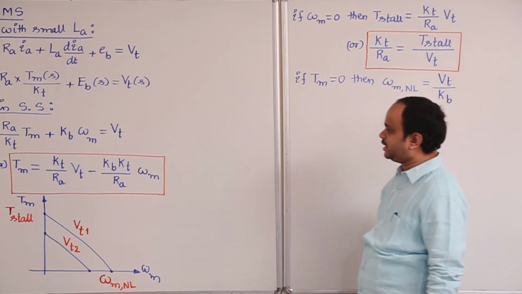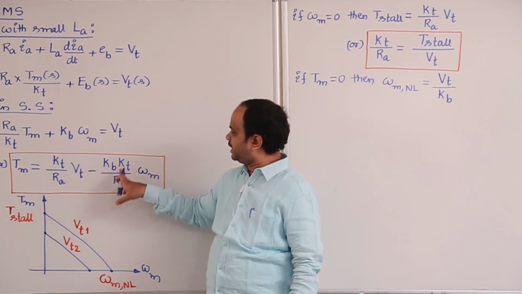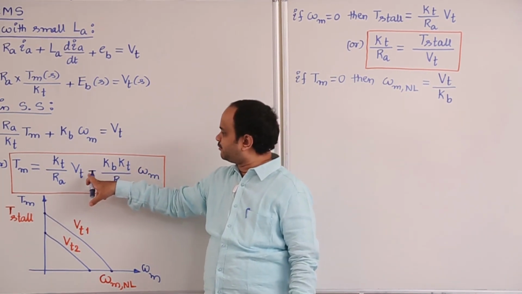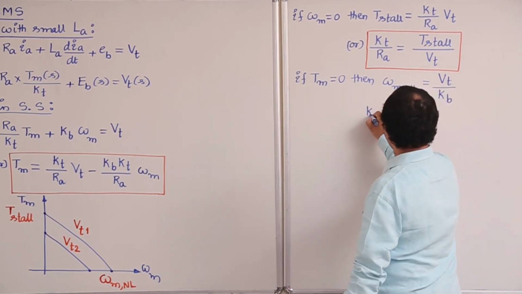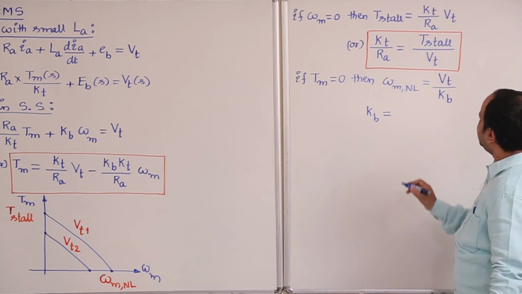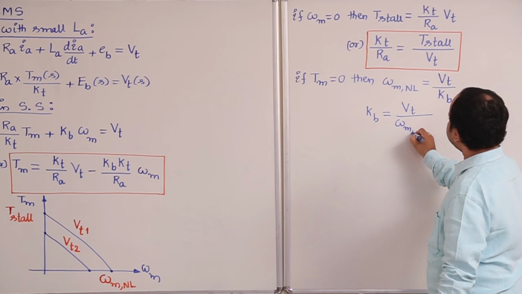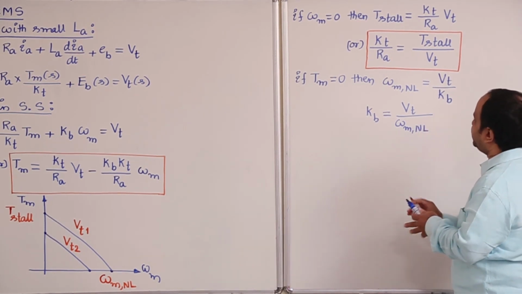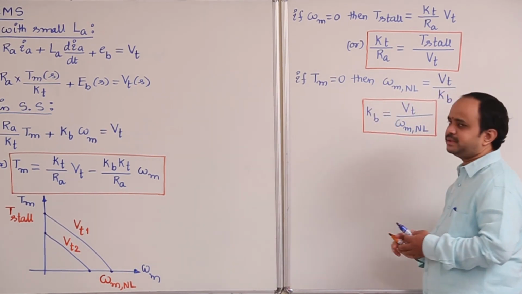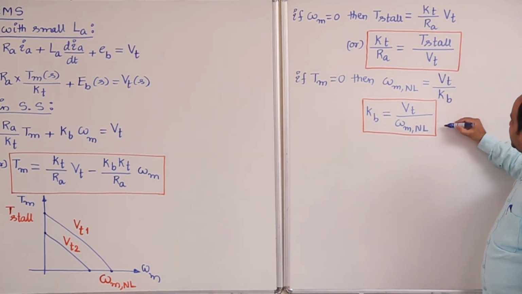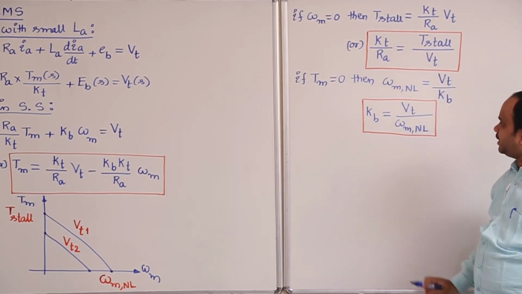You can simplify here: just move this term to the right hand side, Kt by Ra will get cancelled out on both sides. Therefore, Vt by Kb. So, Kb can be written as Vt upon no load speed. So by using these relations, you can find these constants.